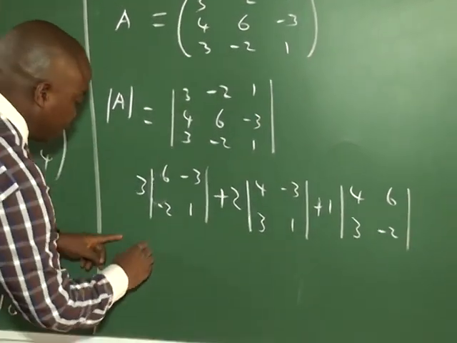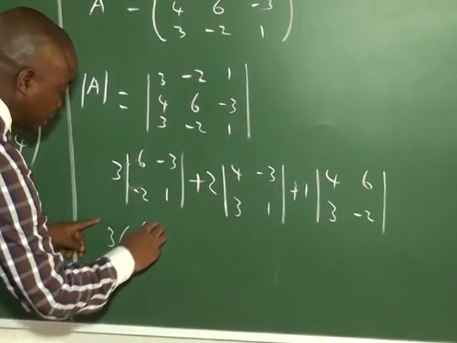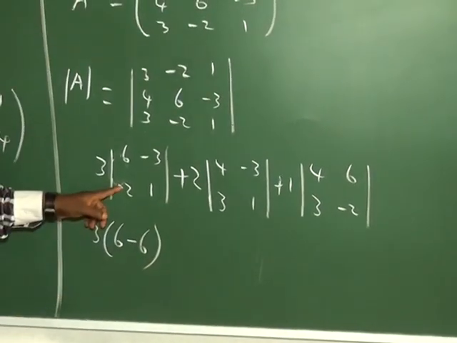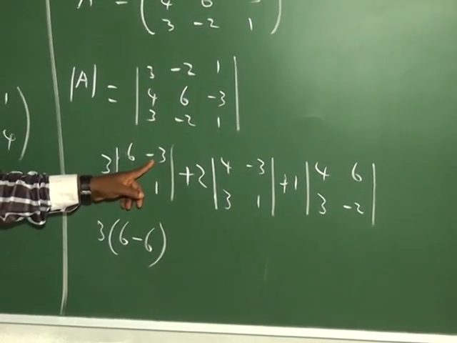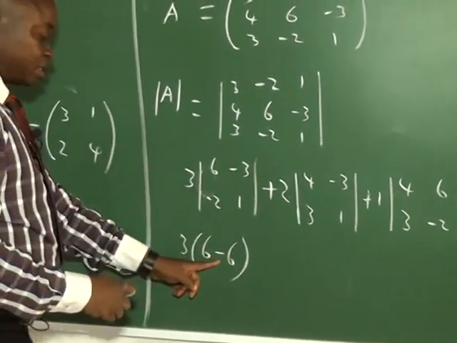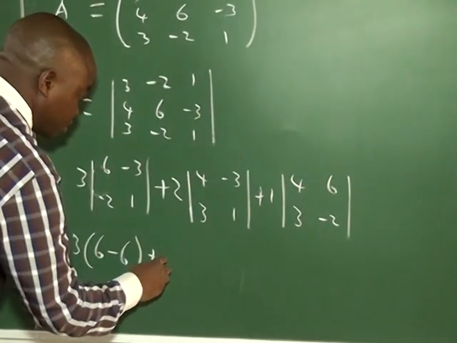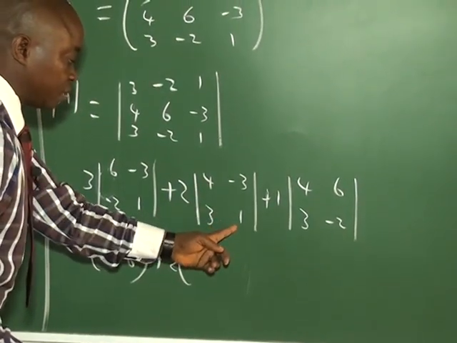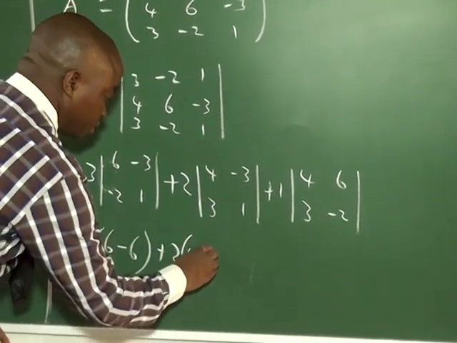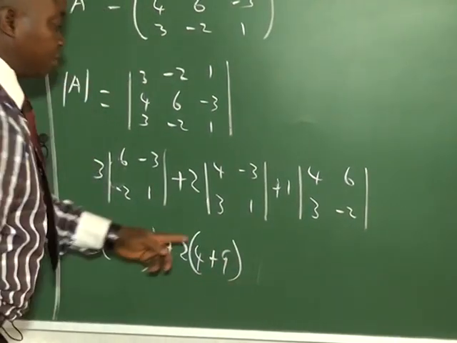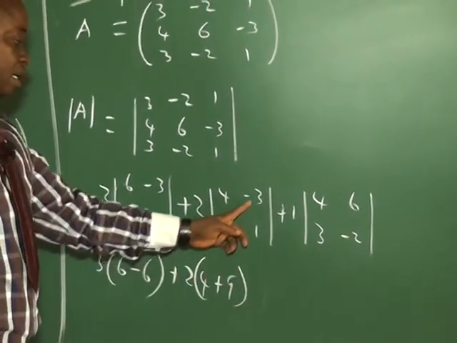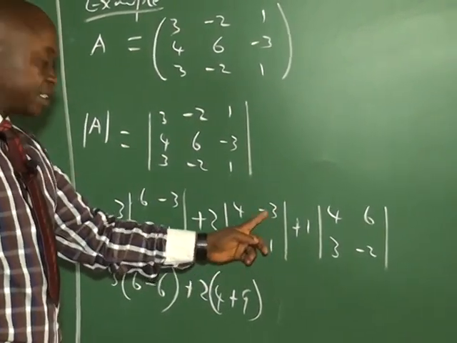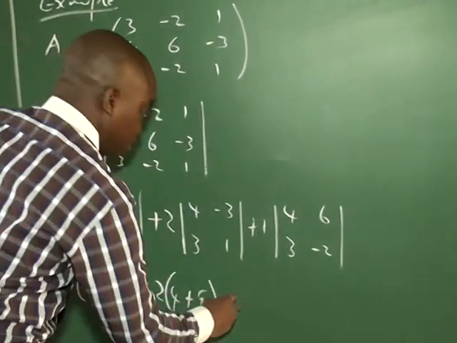So that means we have 6 times 1 minus 6. Look at that. Minus 2 times minus 3 is 6. The invisible minus makes it minus 6. Plus 2, 4 times 1 is 4. Plus 9. Why is it plus? Because minus 3 times minus 3 is minus 9. Then the invisible minus makes it plus.